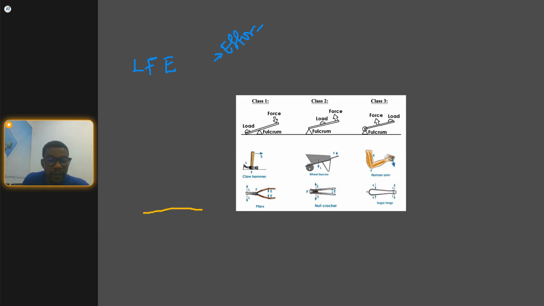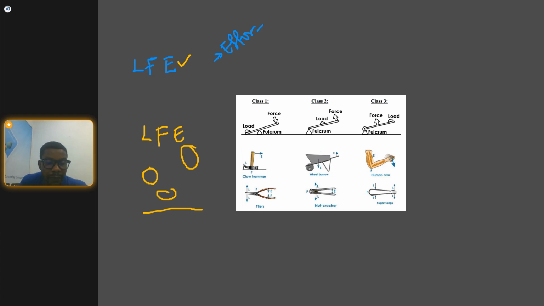Now, this is the effort, and this is the fulcrum, and this is the load. So it follows the acronym: load, fulcrum, effort. So the fulcrum has to be at the middle, in between the load and the effort.